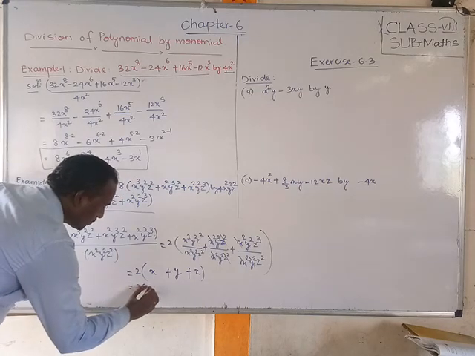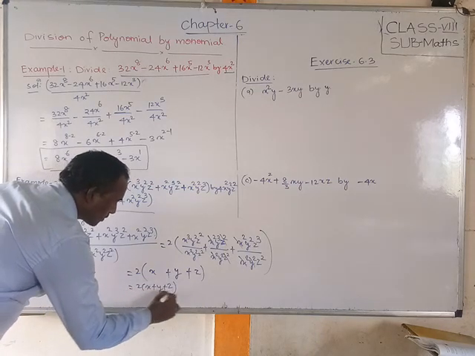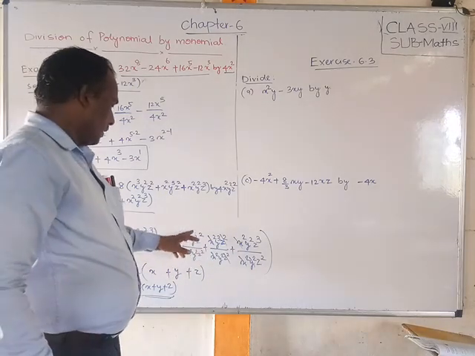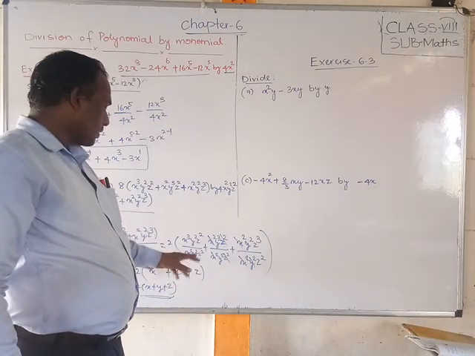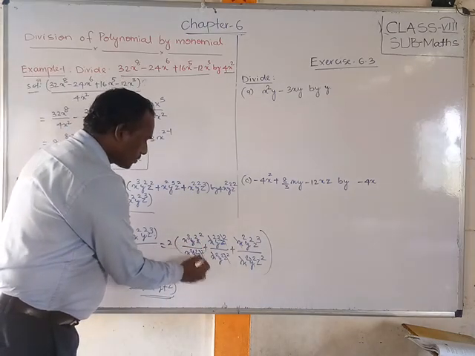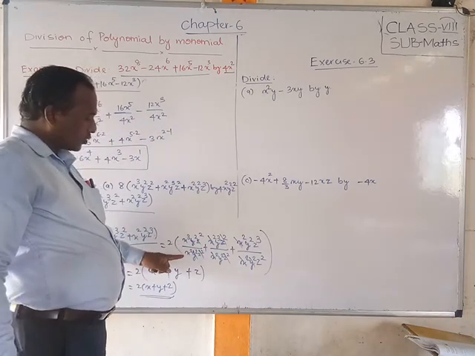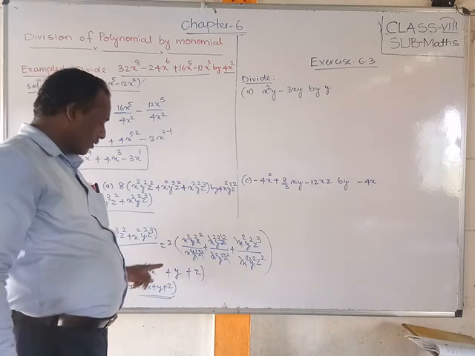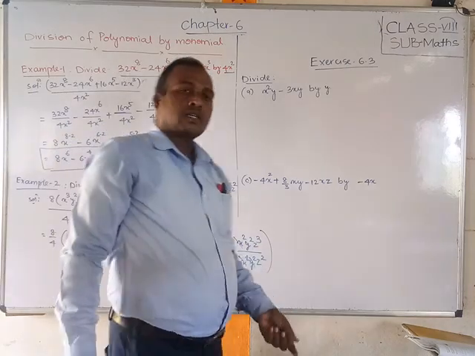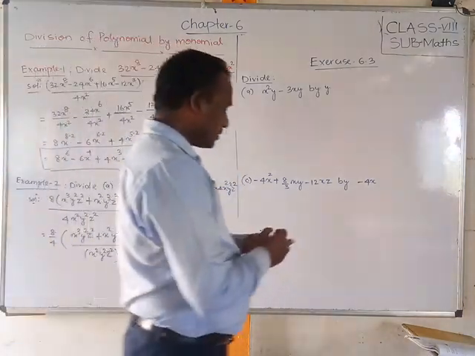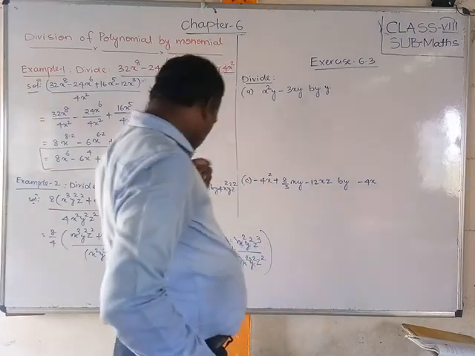So 2 of x plus y plus z, this is our answer. Students, observe carefully: if the numerator and denominator are the same, we can cancel. Here y square cancels, z square cancels, and x cube by x square is only x, because 3 minus 2 is equal to 1. In that way you simplify the 3 terms, then multiply by 2.